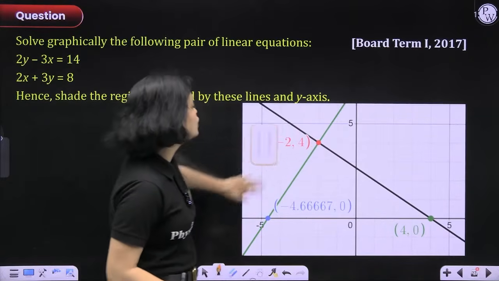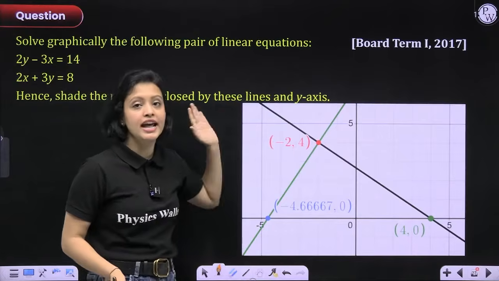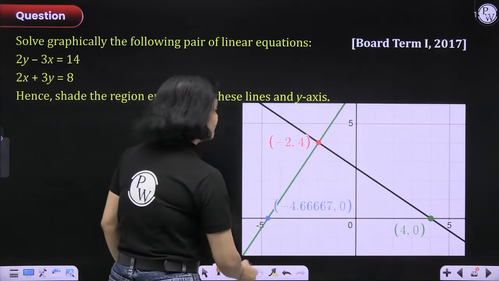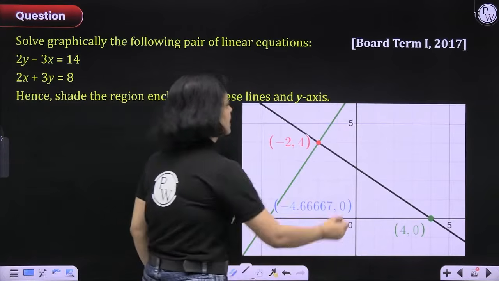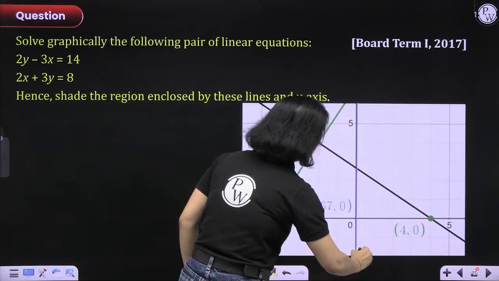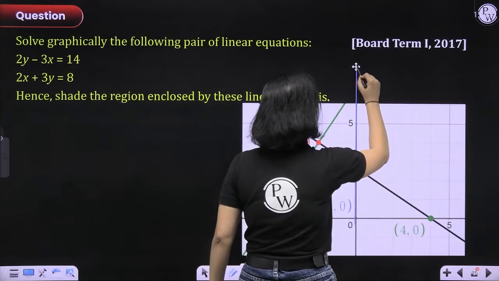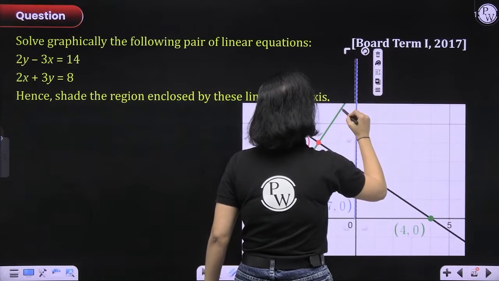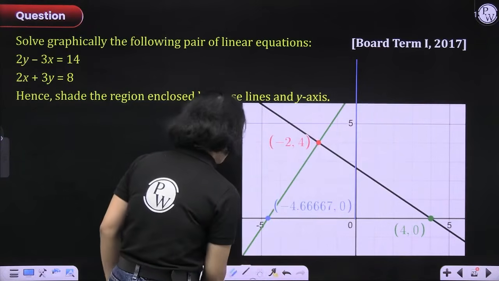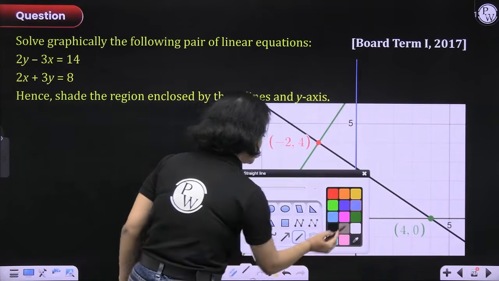Now you had to shade what? You had to shade the region enclosed by both the lines and y-axis. So what do you mean by y-axis, everyone? Let's see. This here is the y-axis. So that means this line here, let me draw this line more. This green colored line I'll extend because this will be required here.